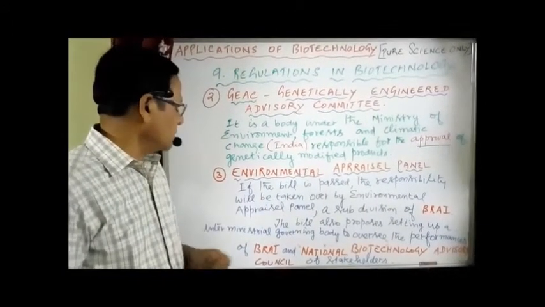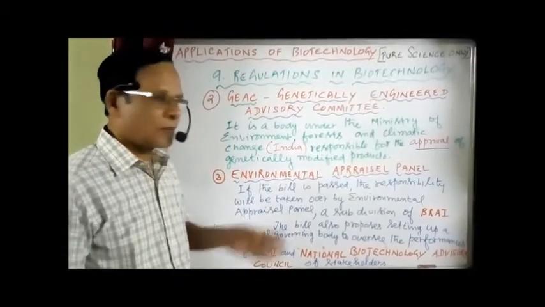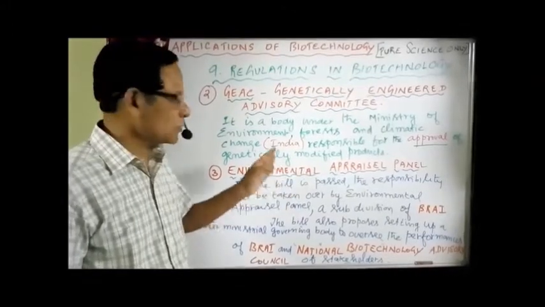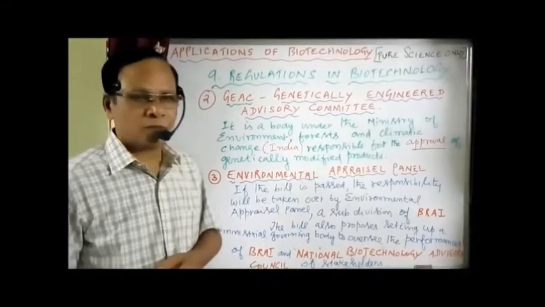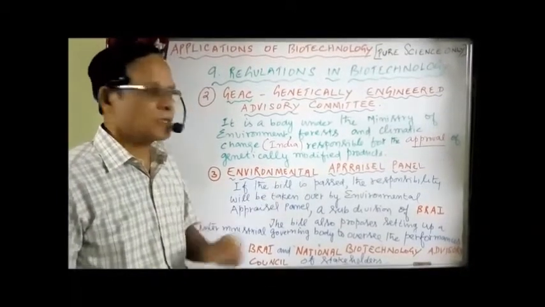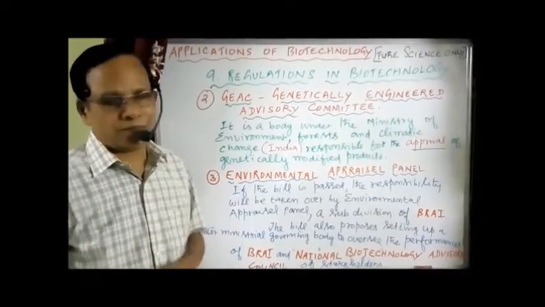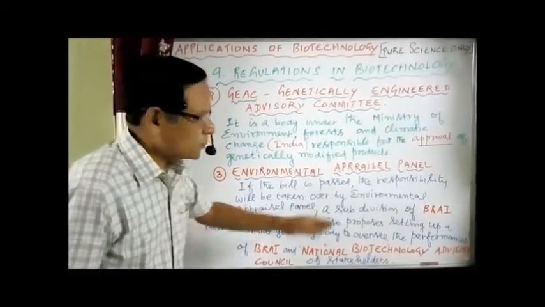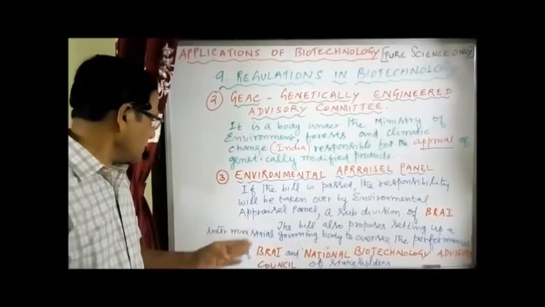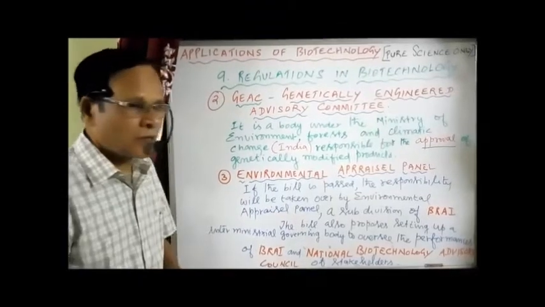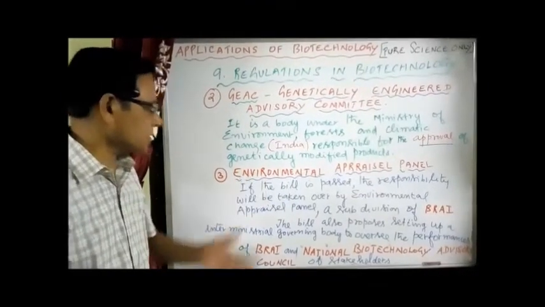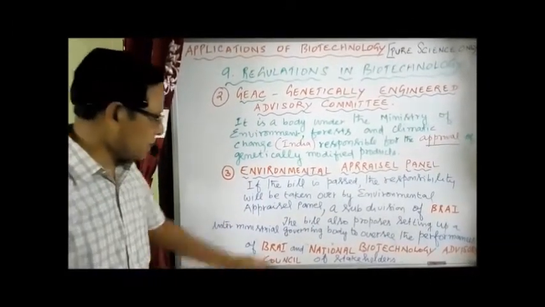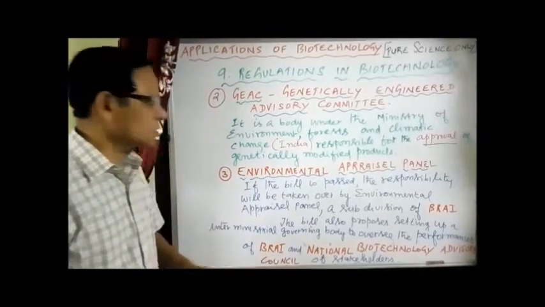So the Environmental Appraisal Panel is one. Once the bill is passed, the responsibility is taken by this panel. It is a subdivision of BRAI. Now, the bill also proposes, once passed, setting up an interministerial governing body to oversee the performance of BRAI and another body called the National Biotechnology Advisory Council.